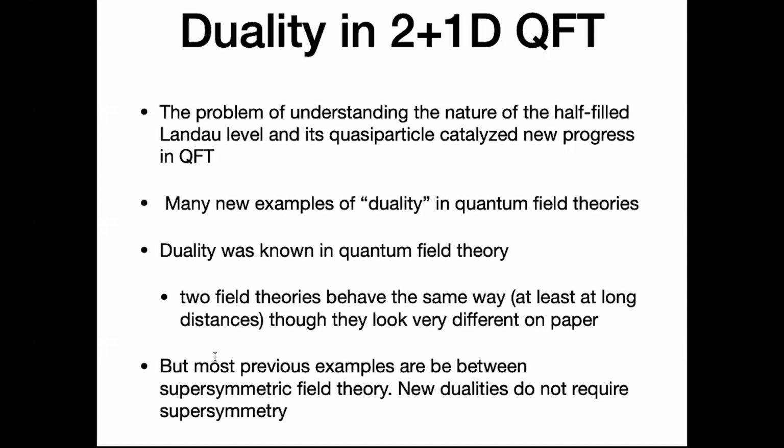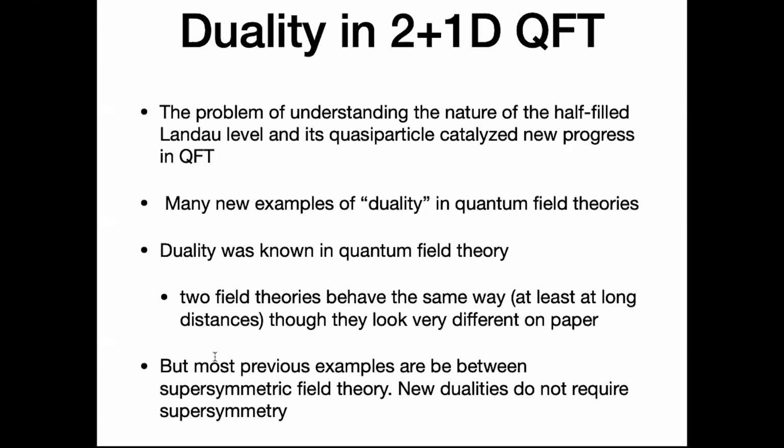Many examples of duality concern two theories that on paper look very different. When we try to write down the Lagrangian, they have very different Lagrangians, not many things in common with each other. But there are arguments that say that these two theories are basically the same, or at least at long distances have to be the same.